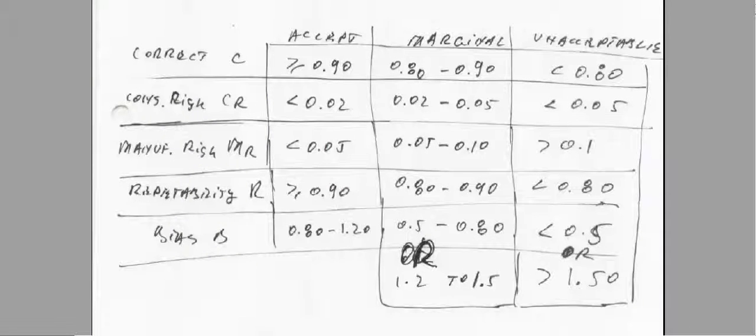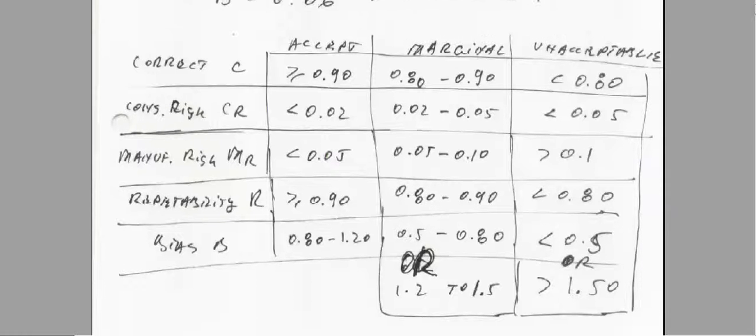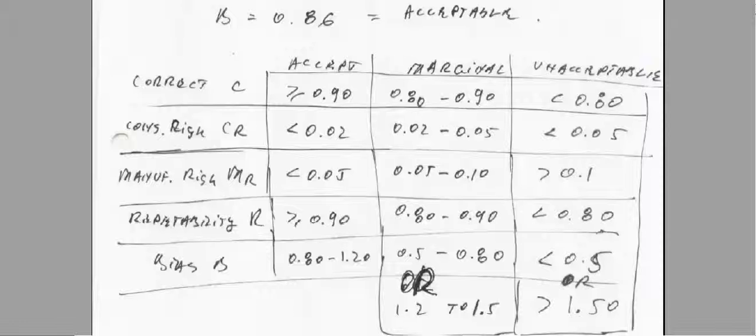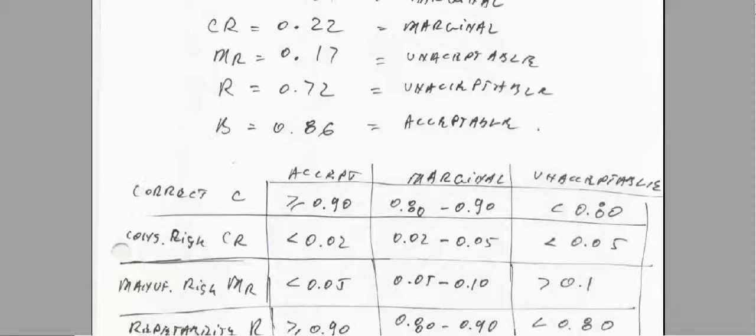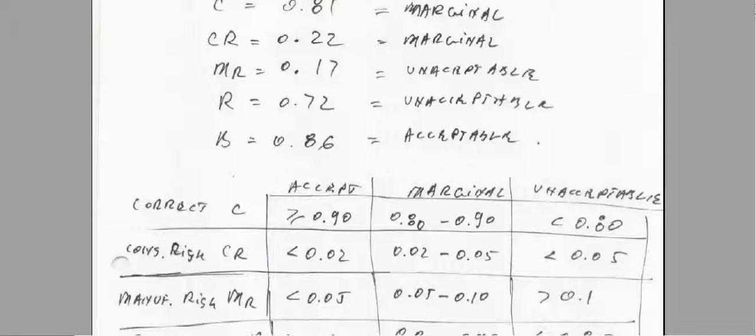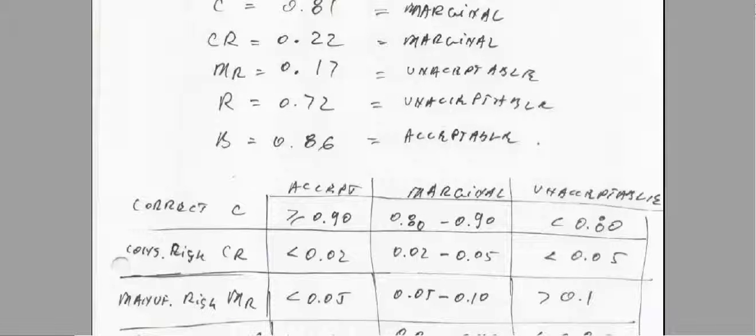Let's look quickly at this table. Sorry for a quick typo here, but we can look at acceptable limits for percent C. You can see that acceptance should be somewhere larger than 90%. Marginal would be between 80 and 90%. Anything below 80% would be not acceptable. In our case, it's 81%, so we can say it's marginal. The consumer risk is 22%, and this number definitely is marginal.